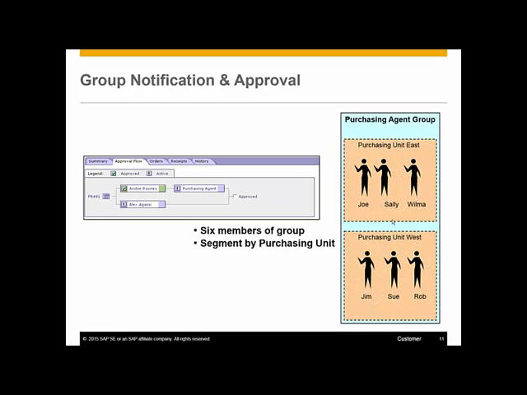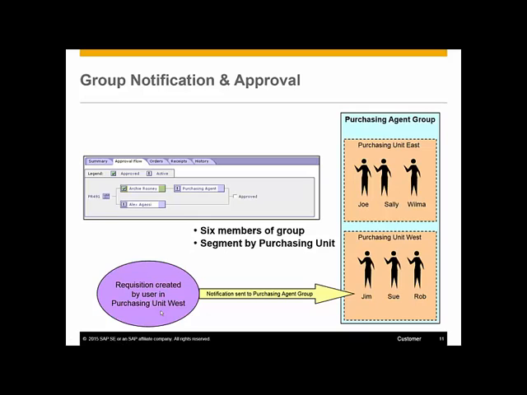If we extend this by establishing a purchasing unit, we can break it down into the 3 members that are in the purchasing unit for the East region and the 3 members of the purchasing agent group that are there for the West region.